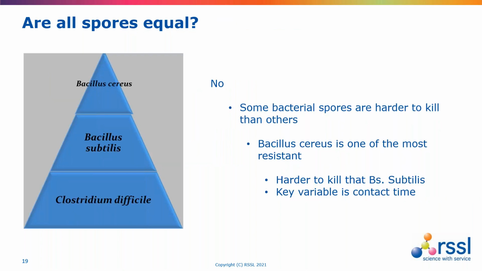But also, we shouldn't think of all bacterial spores as equal either. Disinfectant efficacy test data suggests that some bacterial spores are more challenging to kill than others. So Bacillus cereus is harder to kill, more resistant, than Bacillus subtilis, and in turn Bacillus subtilis is more resistant than Clostridium difficile.